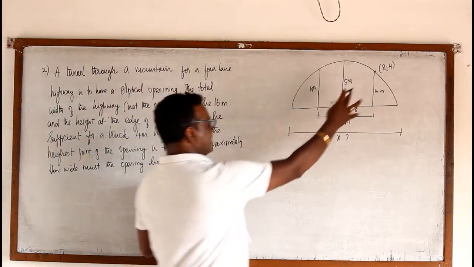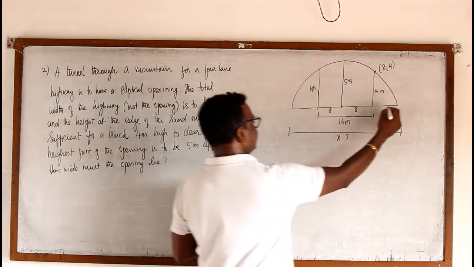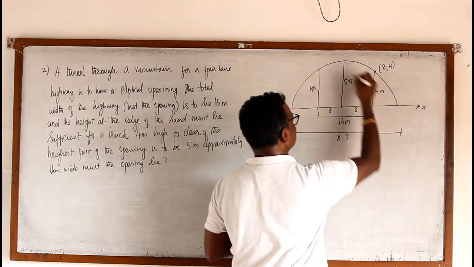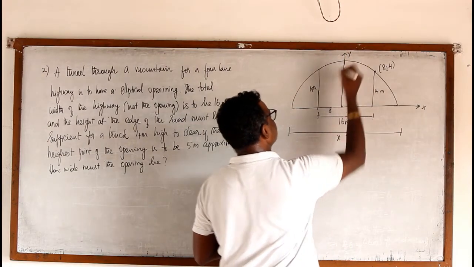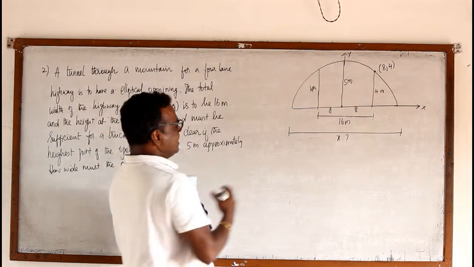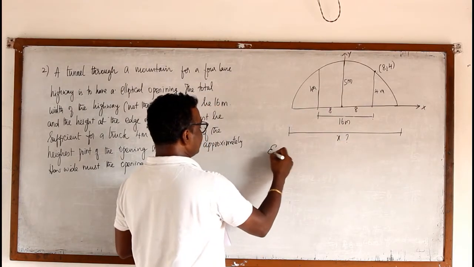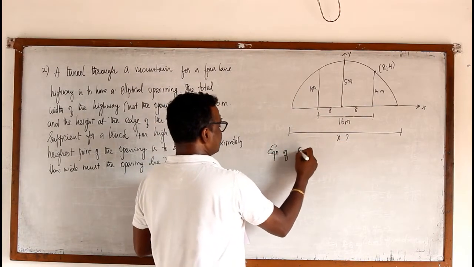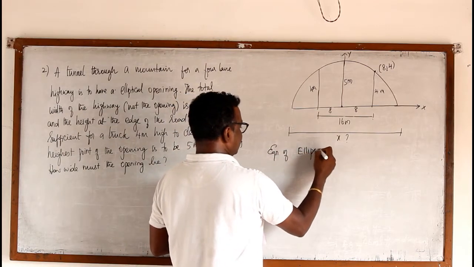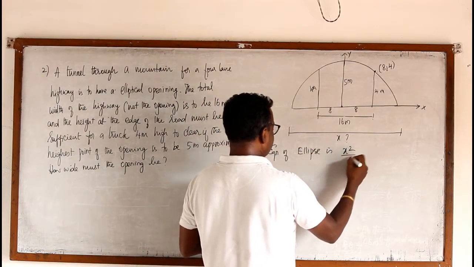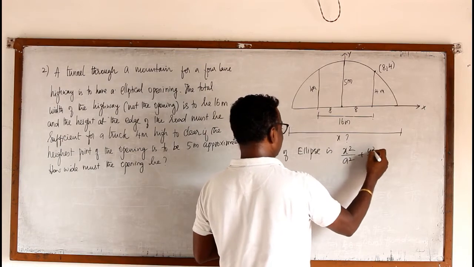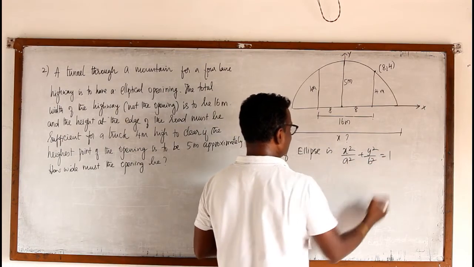That is in the first quadrant itself. Suppose I take this one as the x-axis and this one as the y-axis. Now, for the ellipse, we shall take the major axis as the x-axis. Therefore, the equation of the ellipse is x square by a square plus y square by b square equal to 1.